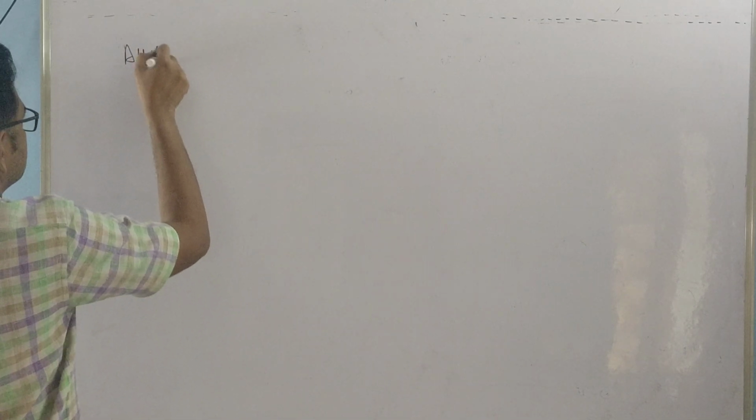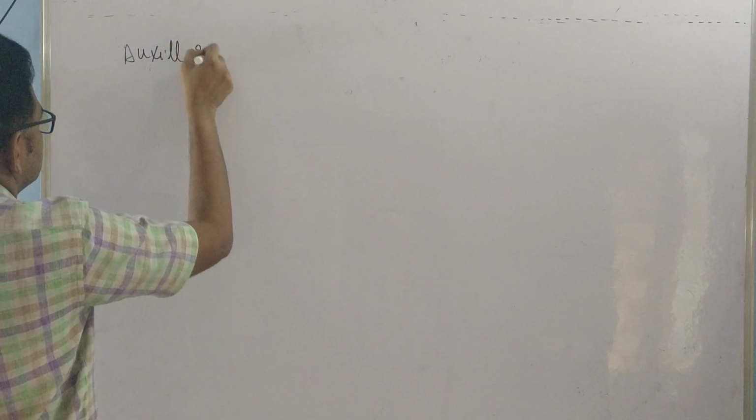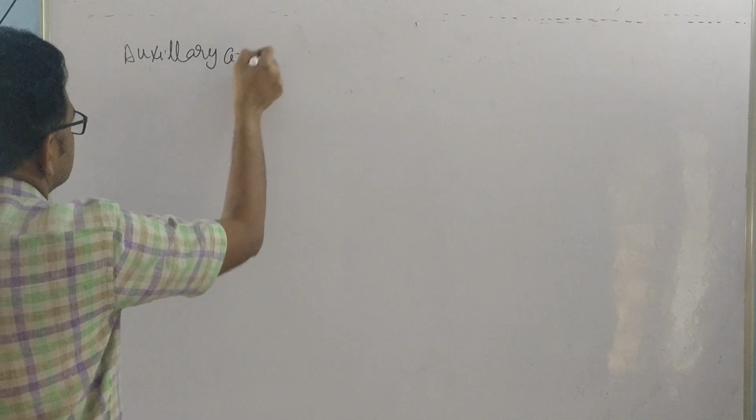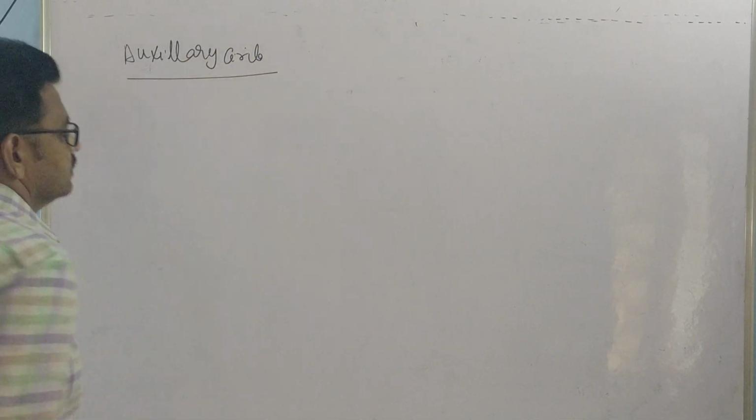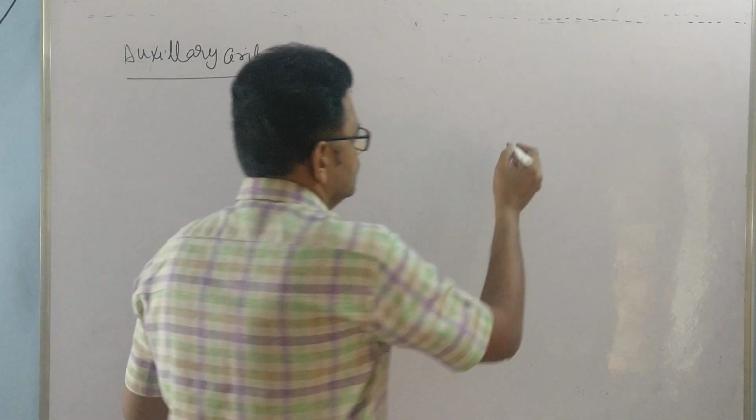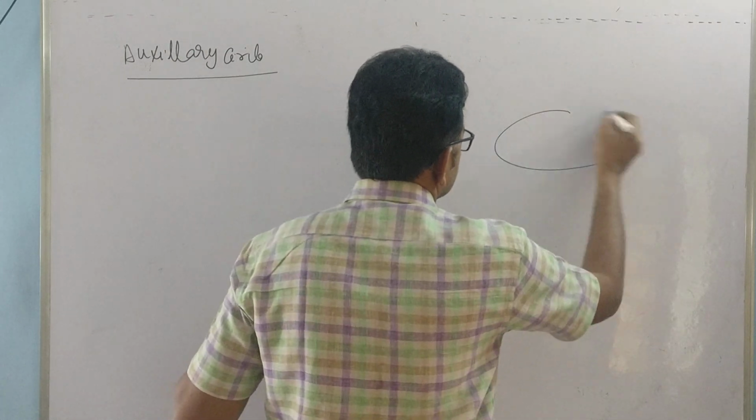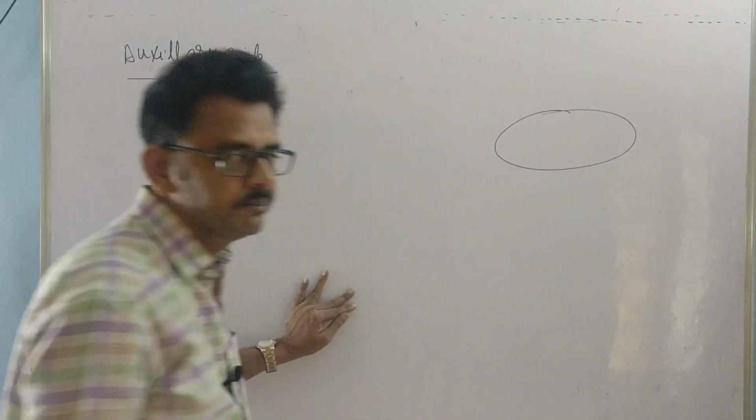Next one, auxiliary circle. See, this is the ellipse S equal to 0.